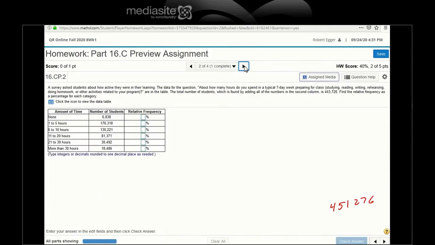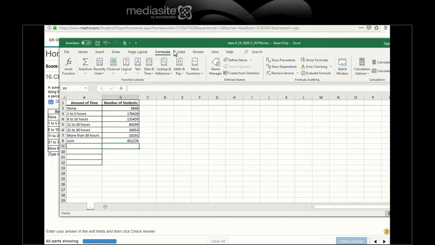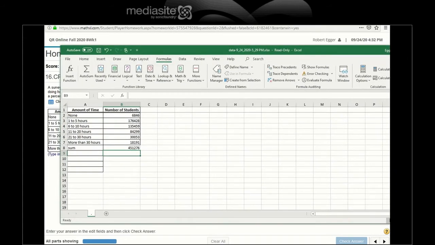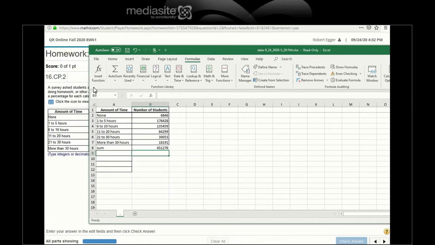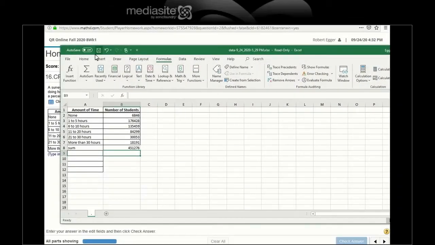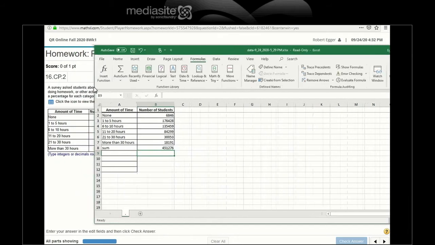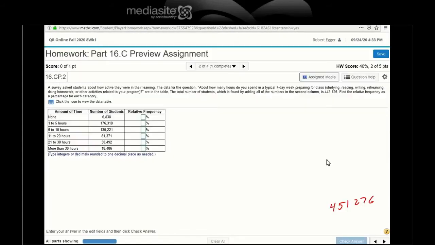Let's see, survey of students, same data. Technology today is not my friend. Problems, but hey, it's not the same data.